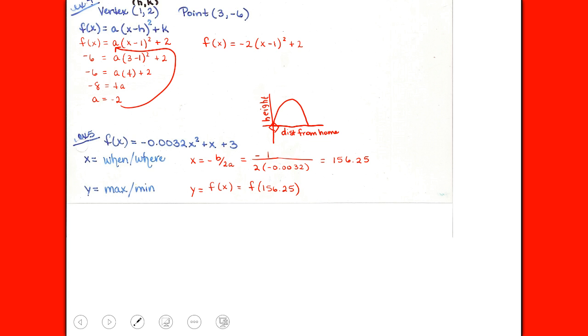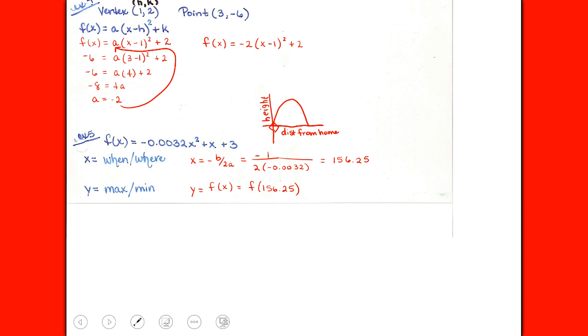Is that the maximum? What is that? That's my x value. Is that the maximum height of the ball? That's its distance, right? That's the distance it is away from home plate. When it's 156 feet away from home plate, that's when it reaches its maximum height, but that's not its maximum height. They asked me for the height, so I've got to plug it in.